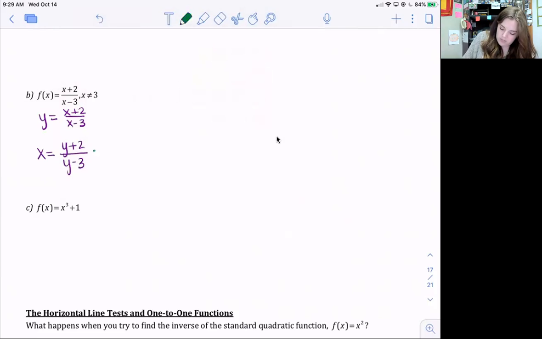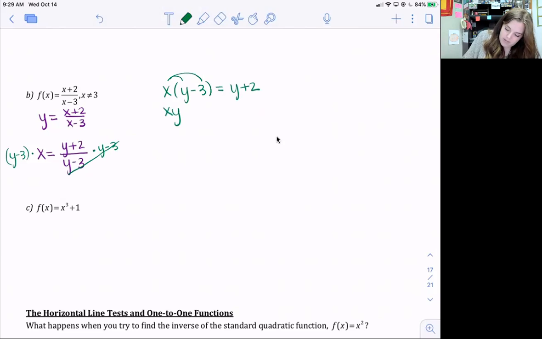We want to start off with getting rid of our fractions. So I'm going to multiply both sides by the quantity y minus 3. So we're left with x times the quantity (y minus 3) equals y plus 2. We're going to distribute. So xy minus 3x equals y plus 2.